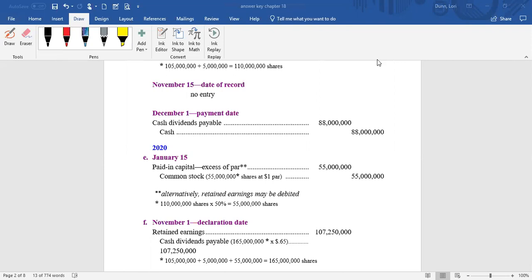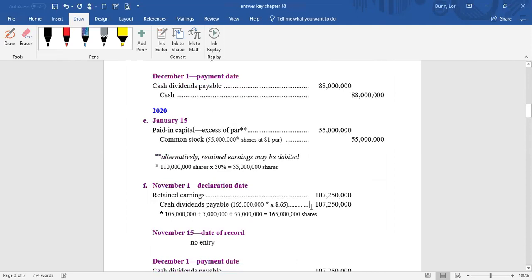How much do we debit retained earnings? I prefer retained earnings. So debit retained earnings, 55 million, credit common stock, 55 million, because you sent them another 55 million shares. It's just that the FASB says value those at par value because it's a large stock dividend.